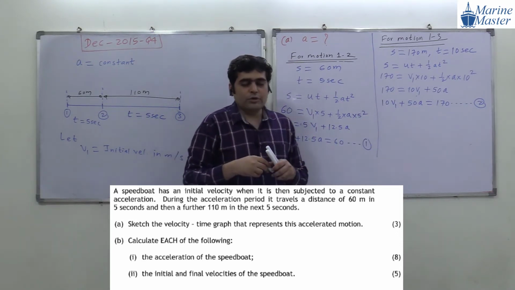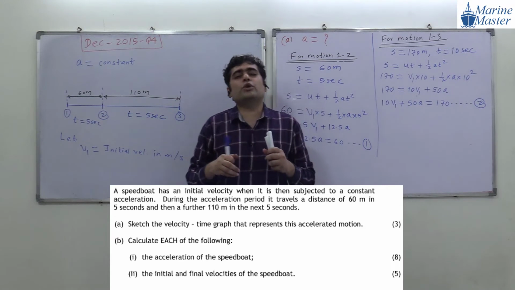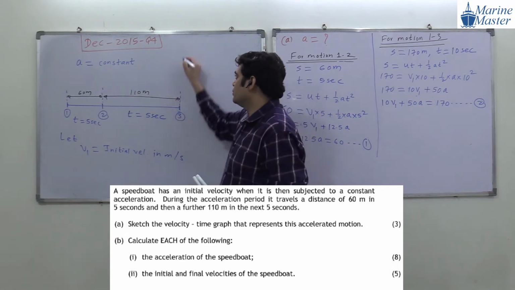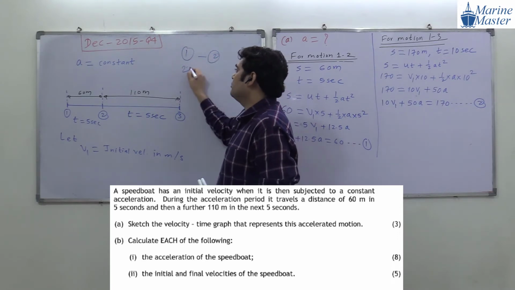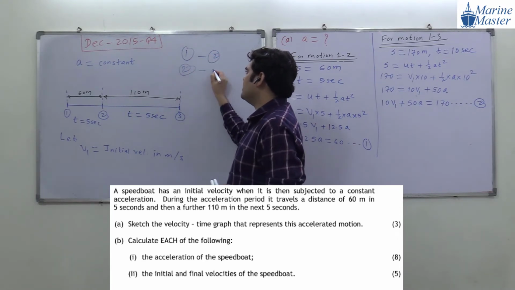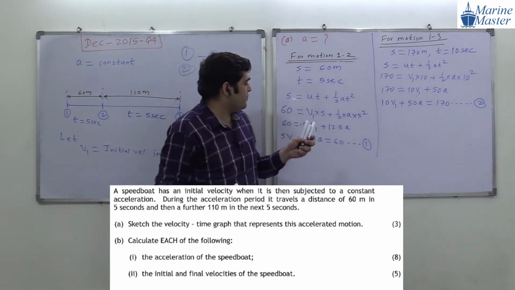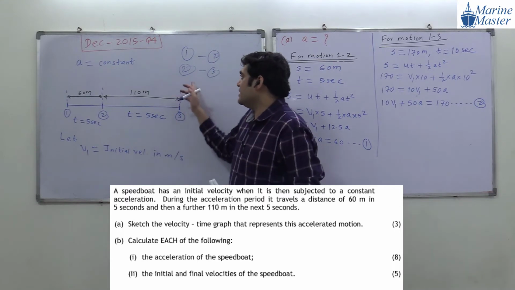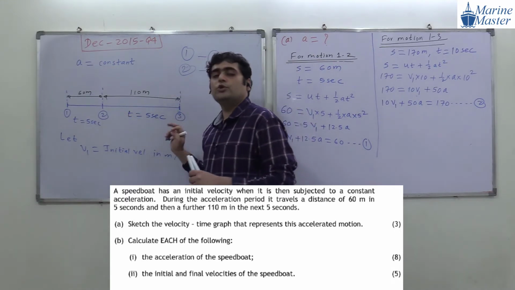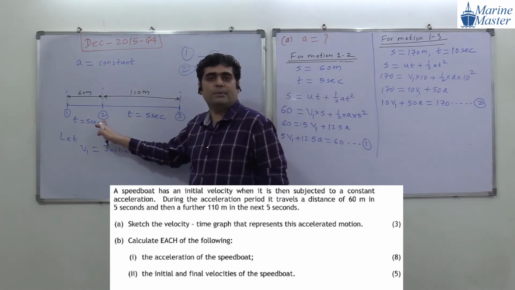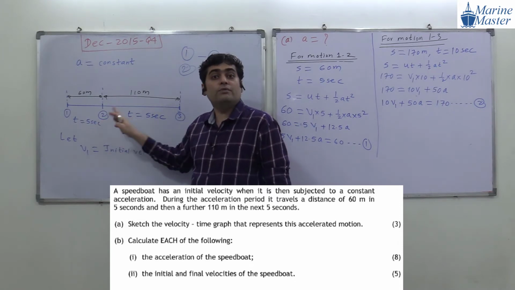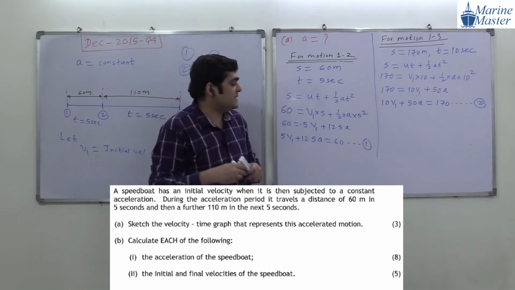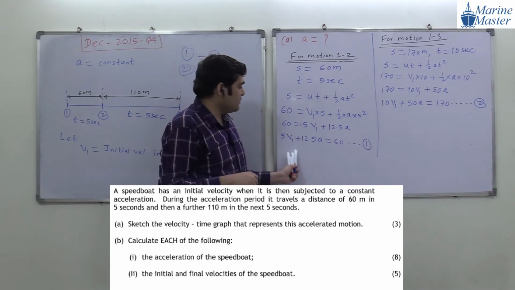Now you may ask, sir, why did you consider 1 to 2 and 1 to 3, and not 1 to 2 and then 2 to 3? If you consider 1 to 2, we get an equation in v1 and a. But for 2 to 3, the initial velocity will be v2, so the unknown will be v2. If you consider 1 to 3, the unknowns are again v1 and a.